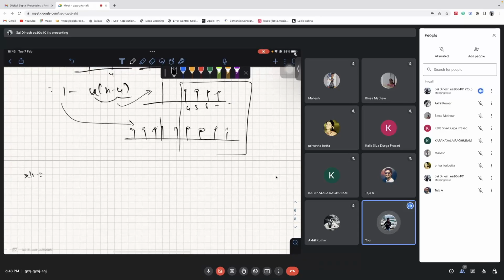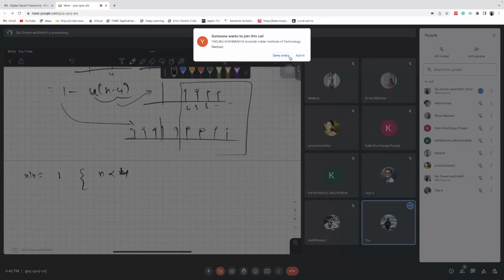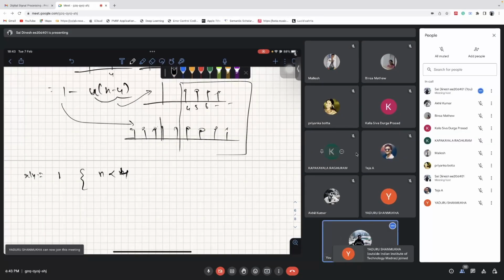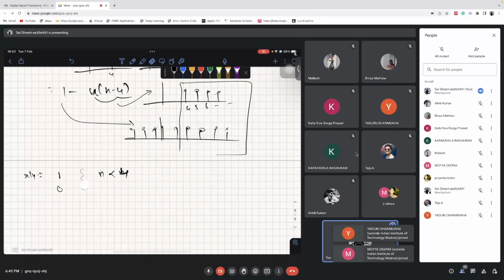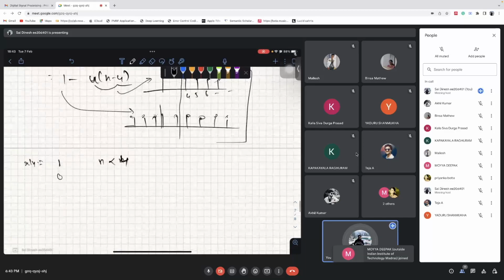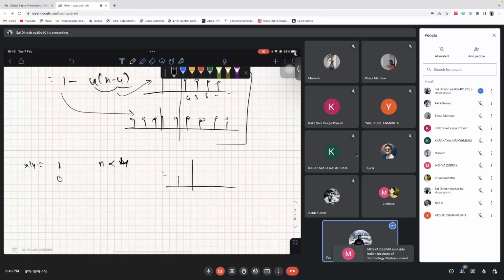So x of n here is equal to 1 for all n less than 4, correct? And then 0 everywhere else. So it is like 1 1 1 1 1 until 3, and then from 4 it is 0.